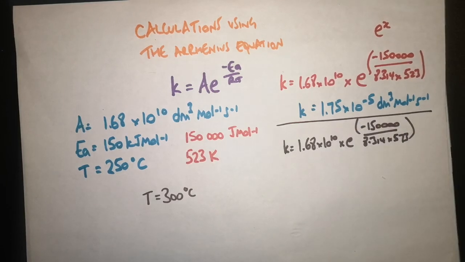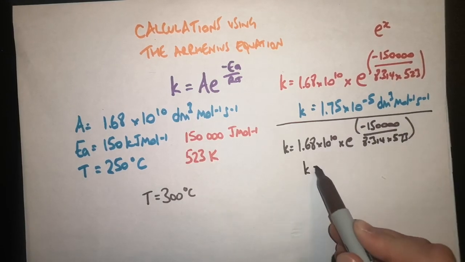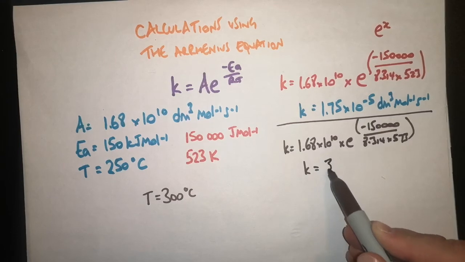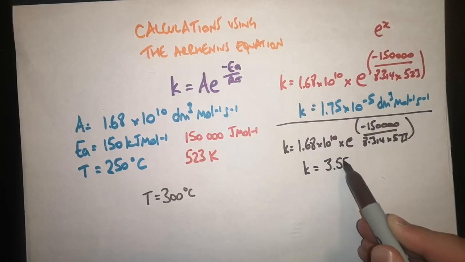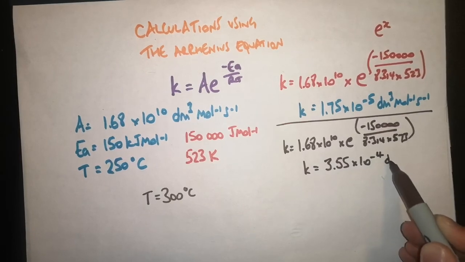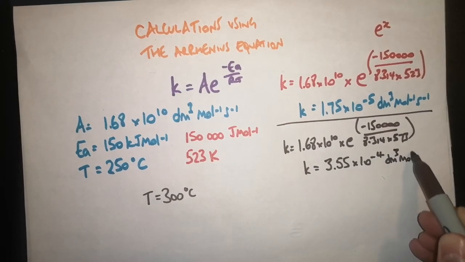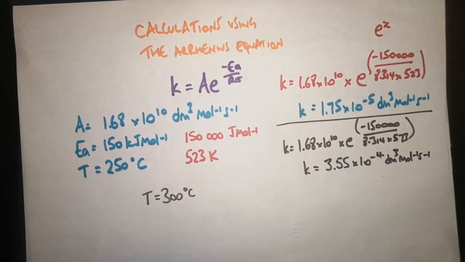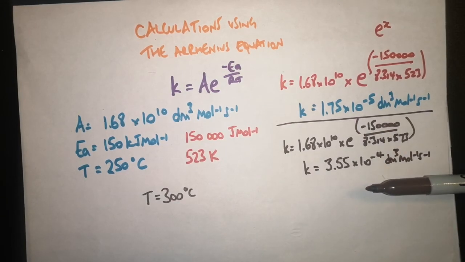And if you run the numbers, that should come out as an answer of 3.55 times 10 to the minus 4 dm3 mol^-1 s^-1. So you can see that the rate constant has increased from 10 to the minus 5 to 10 to the minus 4, which we'd expect because higher temperature means a higher rate of reaction. A bigger rate constant means a faster reaction.